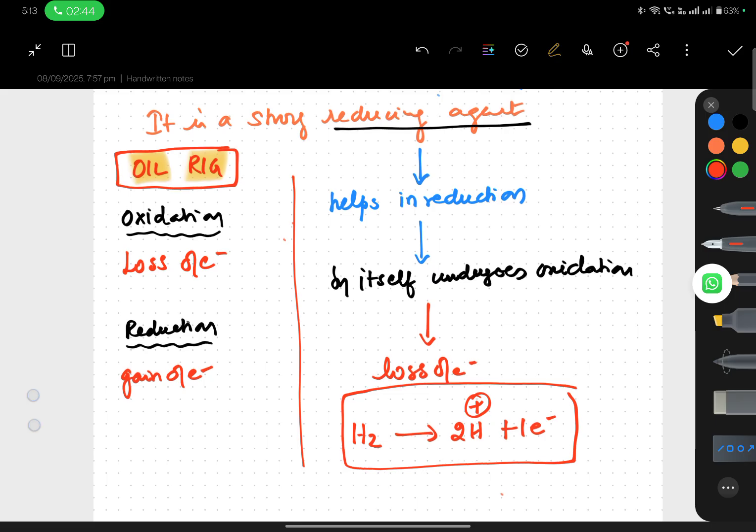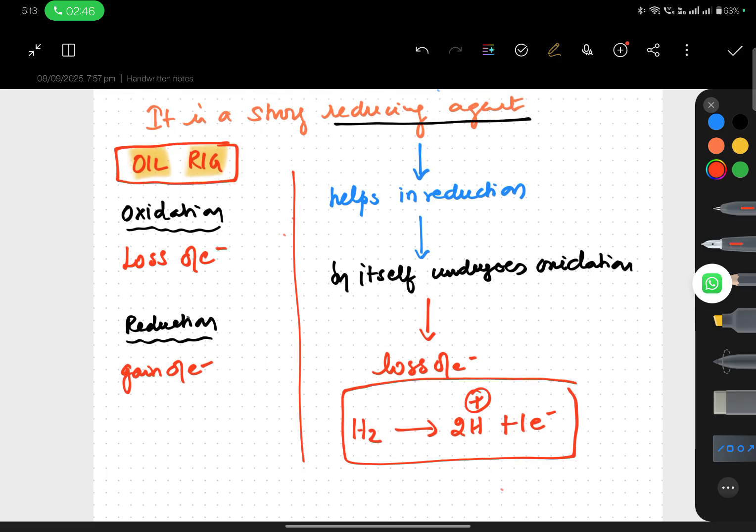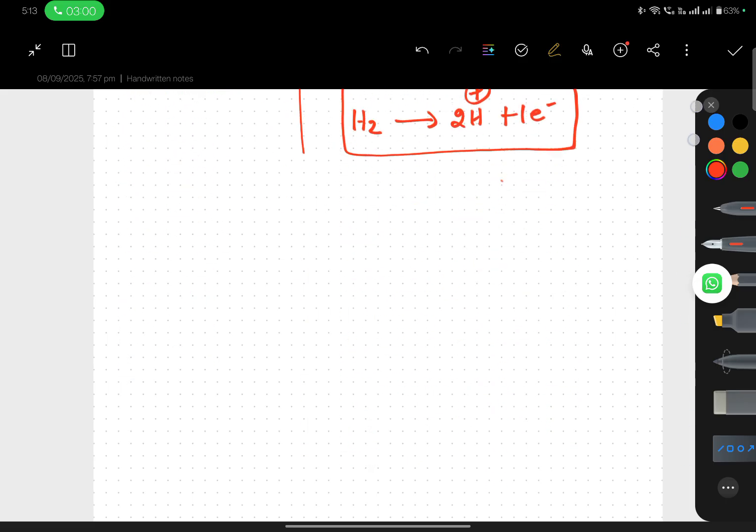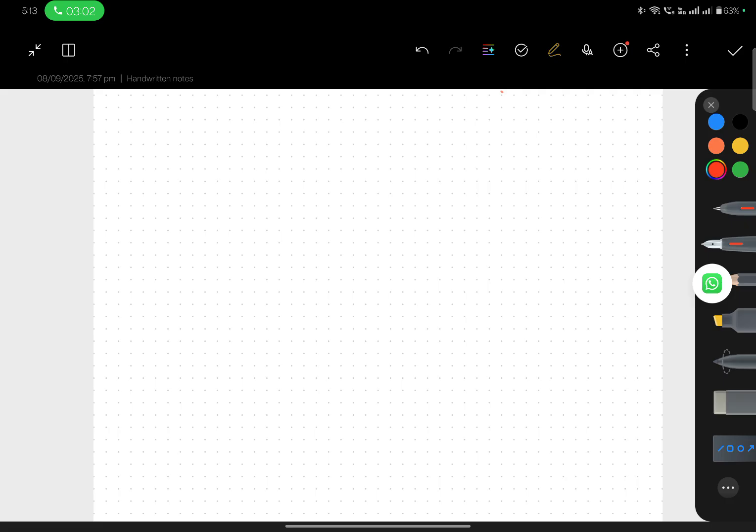And one more point. Copy it. Hello Rifa, have you copied? One minute, sir. Perfect. Now look at the ionization energy of hydrogen. Write it down.